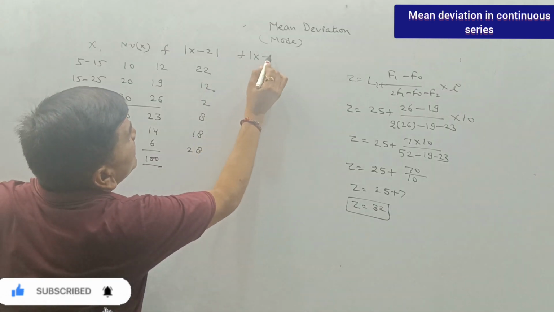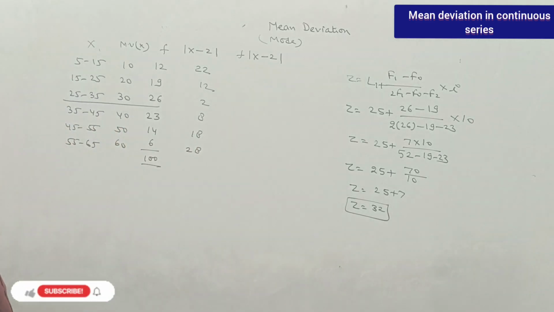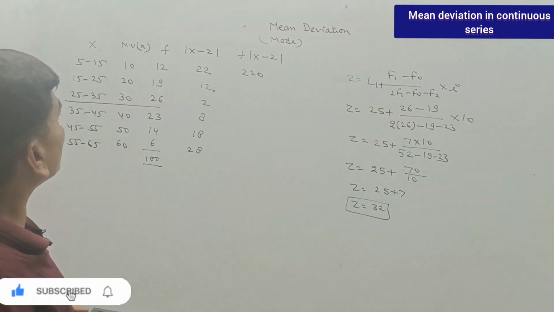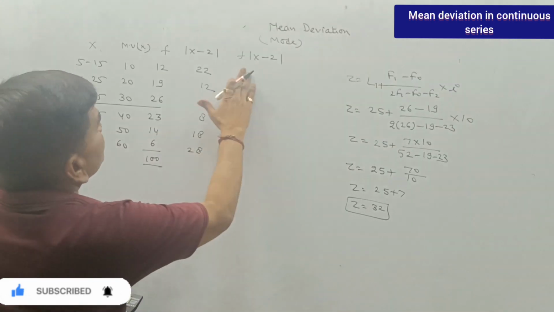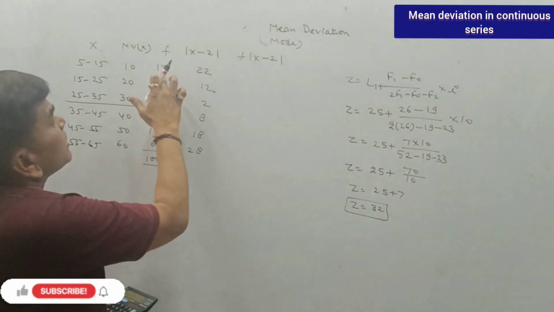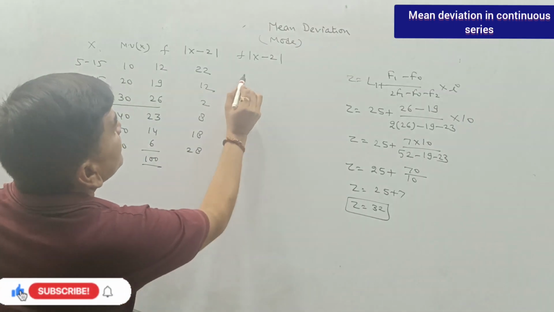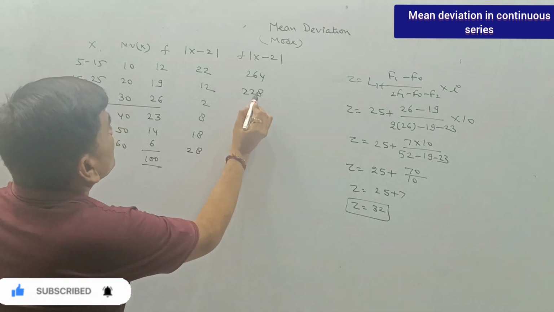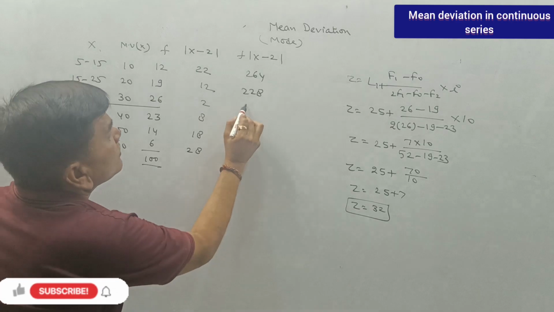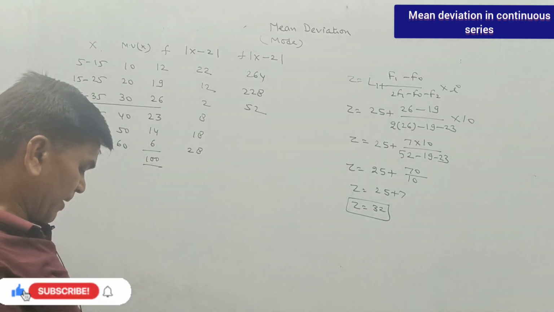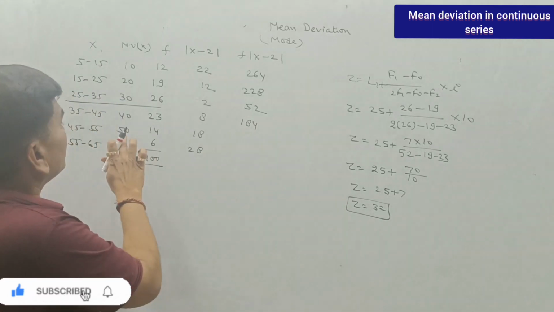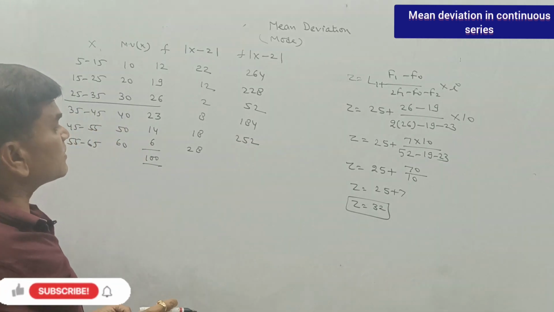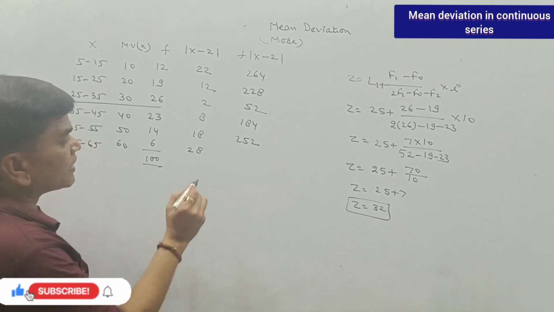Now f times x minus z. 12 multiplied by 22 is 264. 19 multiplied by 12 is 228. 26 multiplied by 2 is 52. 23 multiplied by 8 is 184. 14 multiplied by 18 is 252. 6 multiplied by 28 is 168.